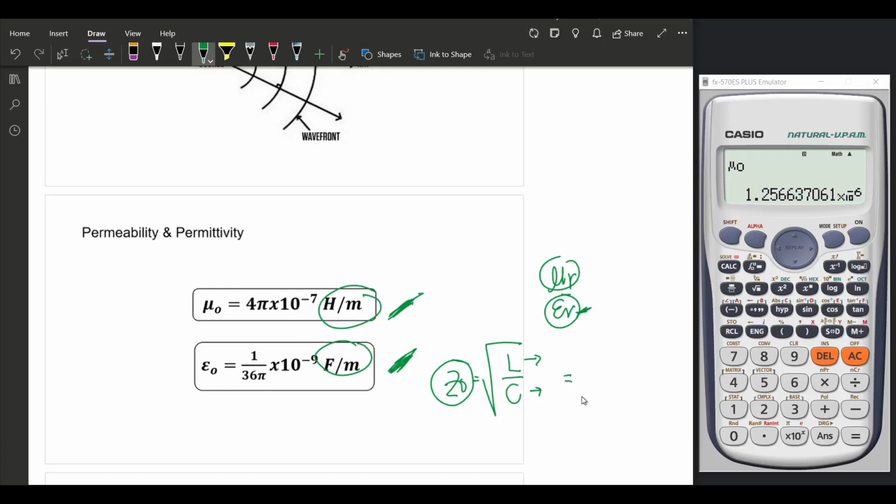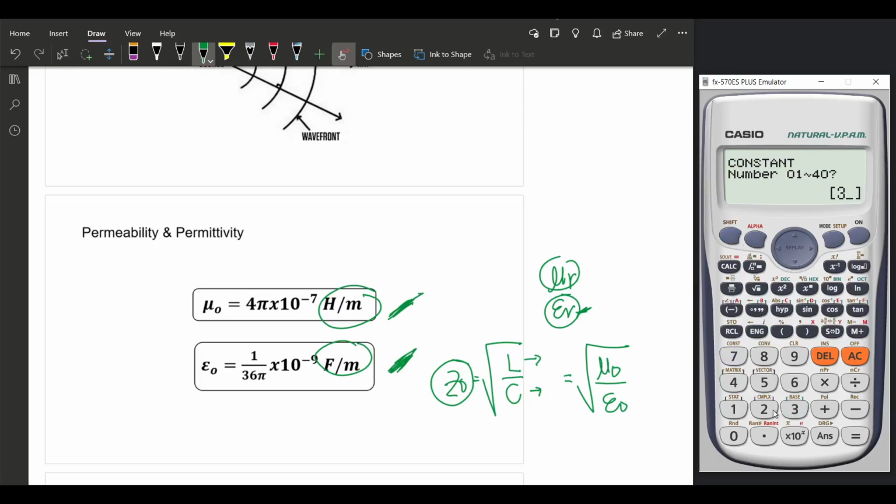Okay? So, di ba ito is related dun sa electric property. Ito naman is related dun sa magnetic property. So, since naka-express din yan as Henry per meter and Farad per meter, then we can actually compute for ZO using these two parameters. Ang gagawin mo lang dun is get the square root of the two constant. So, kumbaga, itong mu, ito yung nagsisilbing inductance per meter ng free space. Tapos itong isa naman, ito yung nagsisilbing capacitance per meter ng free space. So, getting that value, divide mo lang naman sila.